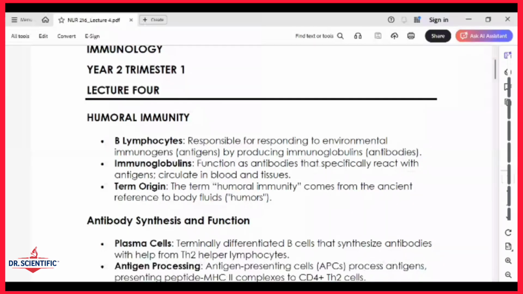So intracellular pathogens will be digested by antigen presenting cells. And if you remember, yesterday we talked about 3 antigen presenting cells: dendritic cells, macrophages, and B cells. And of course, the classical antigen presenting cell there is dendritic cells.